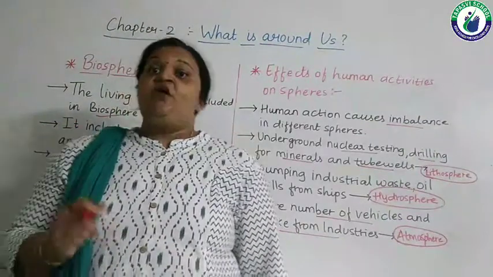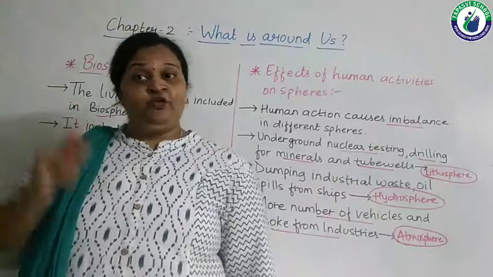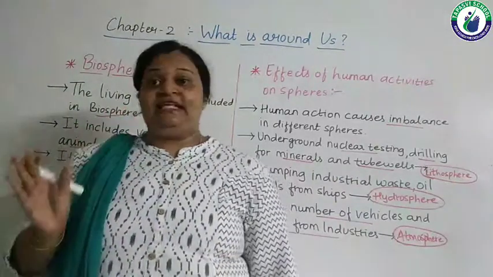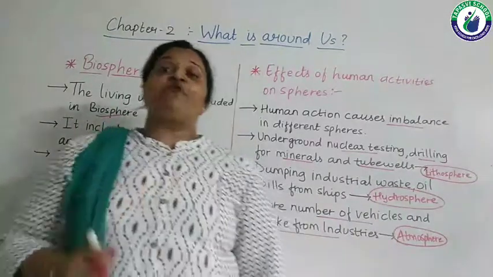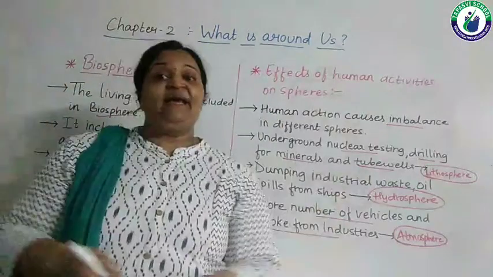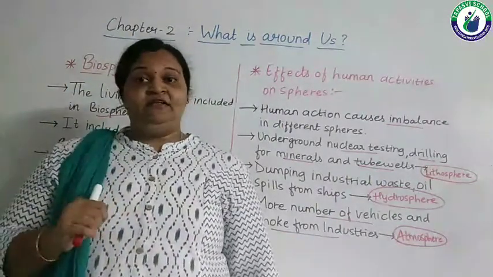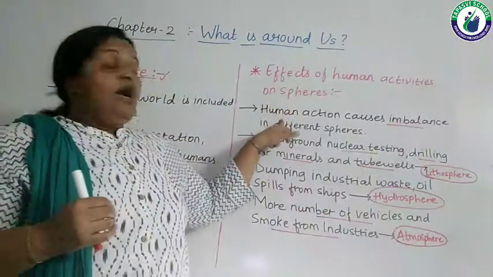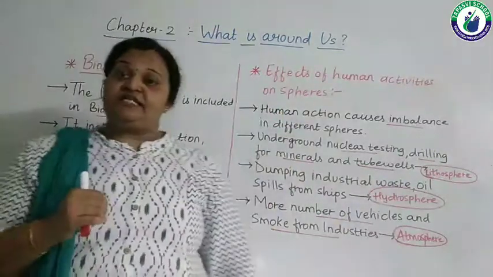As a result, we are able to see the effect of it on human life. Temperature is rising on the earth like anything. Global warming is taking place. Even the layer of ozone has started depleting. Why is all this happening? Because we have created imbalance in different spheres.